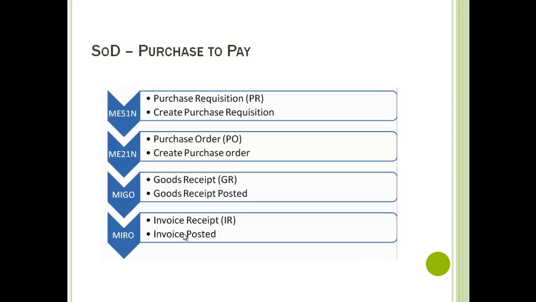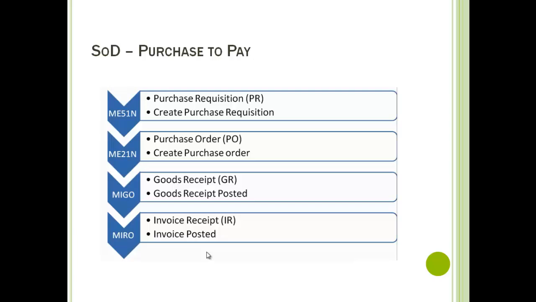Let's assume I am the person who has authorization to do MIRO, posting the invoice receipt. So I can do the invoice receipt, IR, then the invoice is posted, then I will do the payment processing, that's F110. Payment is processed.